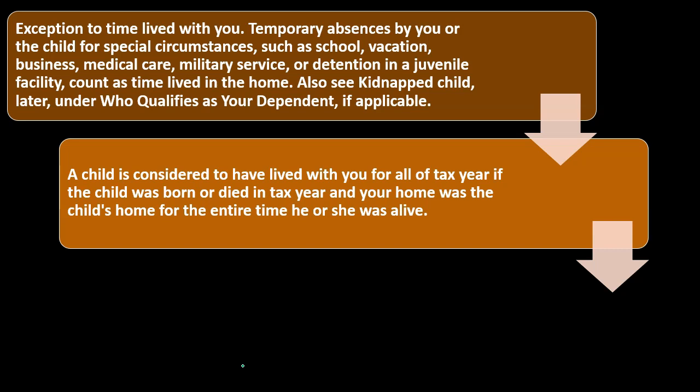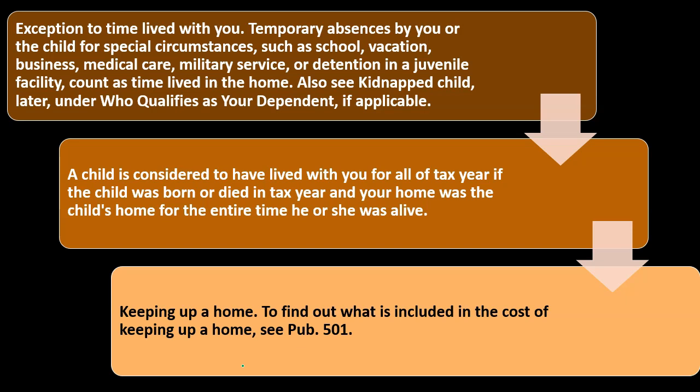So what about that case where someone died in the year? Well, then we're talking about the time that they were there within that time period. Half of that time period would be the general rule. Keeping up a home. To find out what is included in the cost of keeping up a home, you could see publication 501.